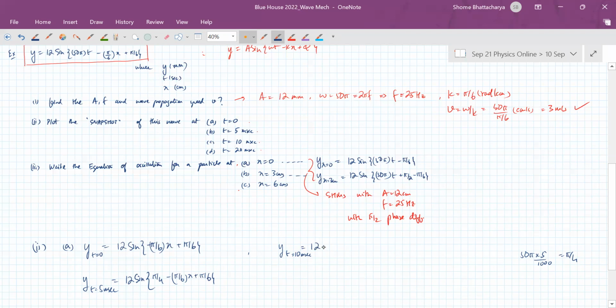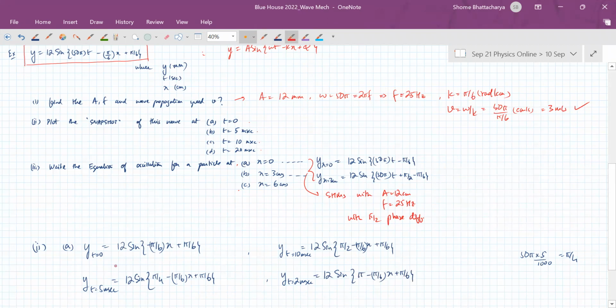So we'll plot each of these, but before that, let's just understand the terms. And finally, at t equal to 20 milliseconds, so these were the 4 snapshot pictures.